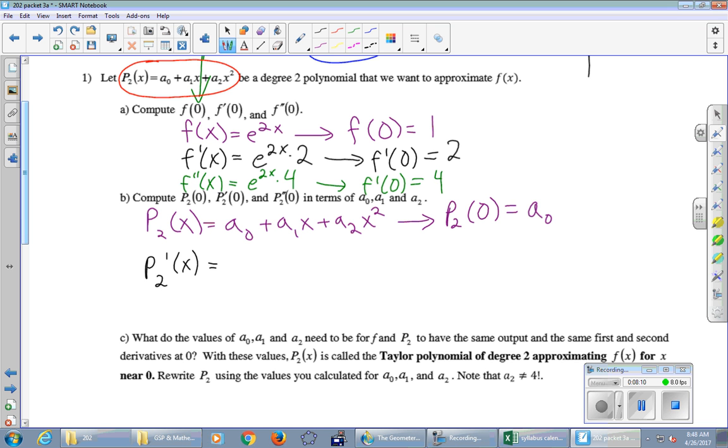Okay, what's the derivative of A0? Nothing, that's a constant. What's the derivative of A1x? A1. Plus, what's the derivative of A2x squared? 2A2x, yes? P2 prime of 0, 0 for x, what do you get? Just A1, right? That second term just vanishes.